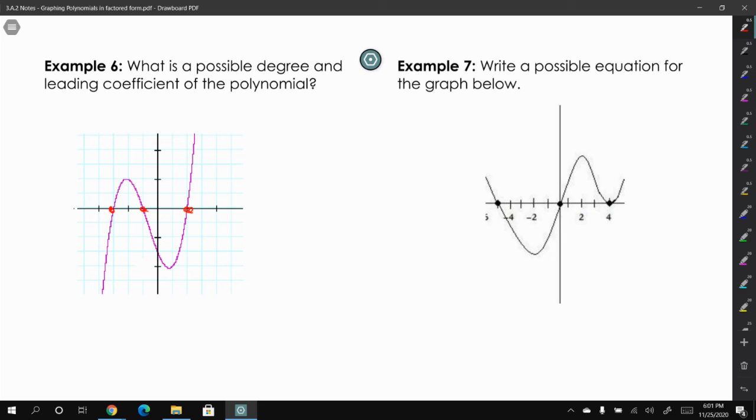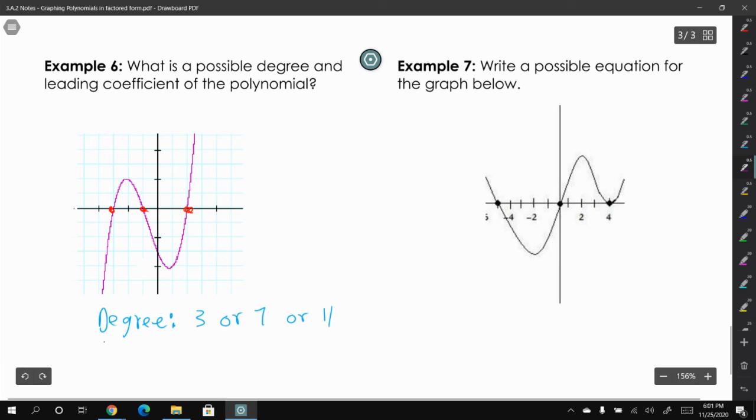And because the ends go in opposite directions, we know the degree has to be odd. So the degree could be any odd number greater than or equal to 3. So it could be 3 or 7 or 11, anything like that.